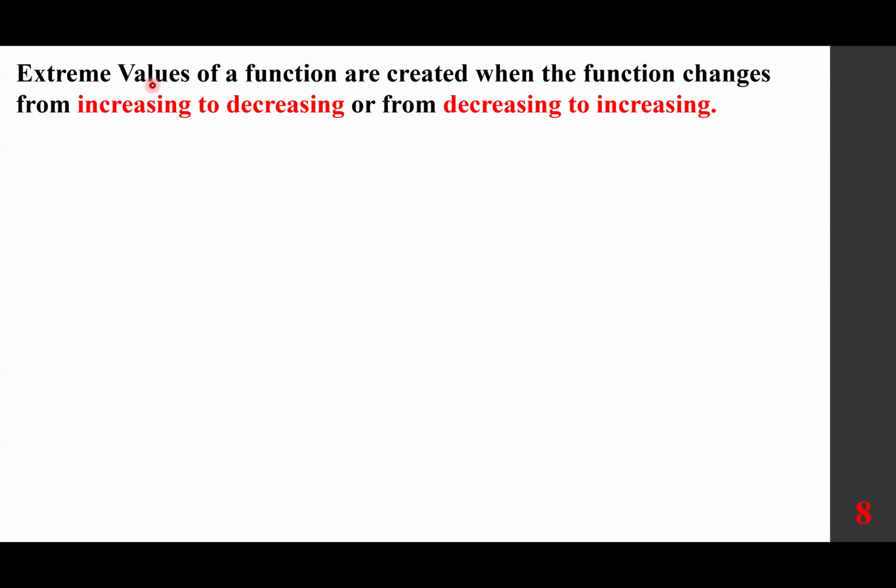Extreme values of a function are created when the function changes from increasing to decreasing or from decreasing to increasing. In other words, as you look here, first it's increasing, then it's decreasing, and obviously at the top here, we have an extreme value. More specifically, we have a local max. Decreasing, increasing, extreme value, local min.